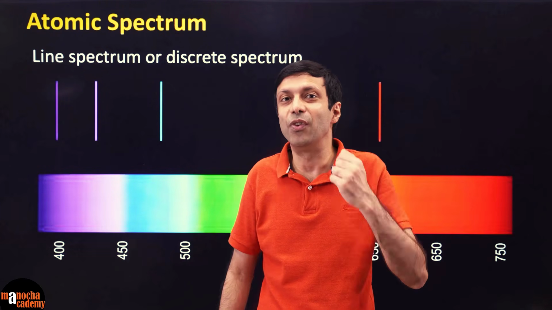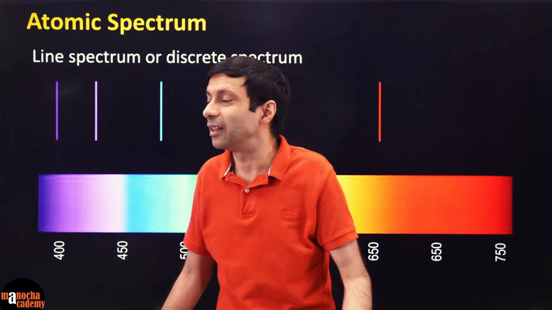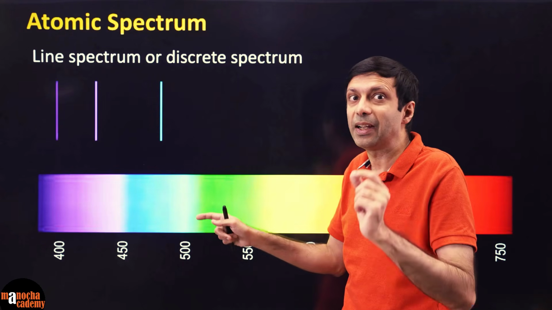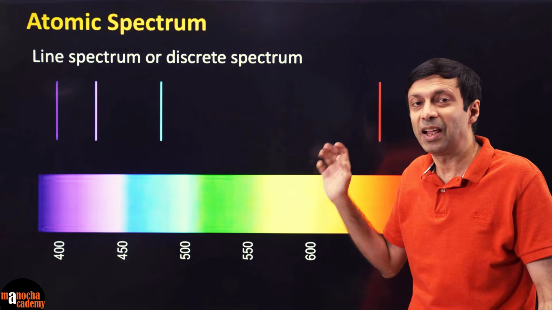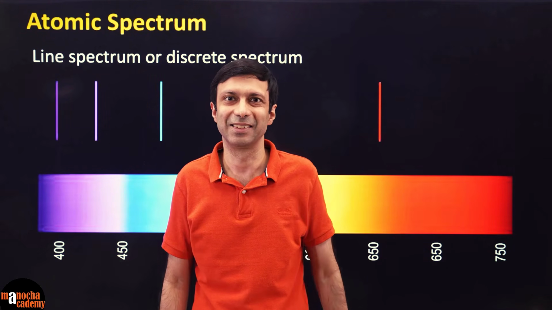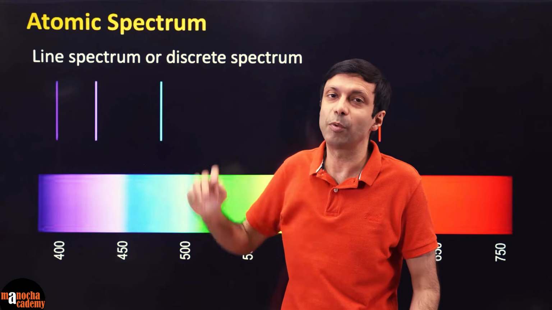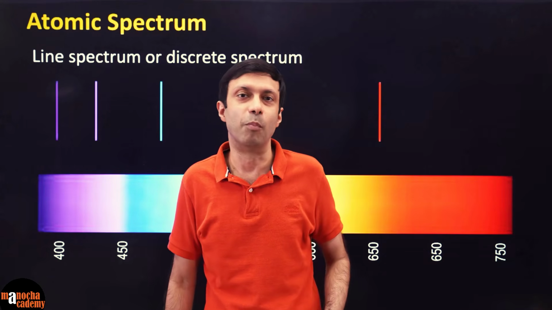So when this energy is released, you will see that electromagnetic waves of certain colors, of certain frequencies are visible. And this is what Bohr was able to successfully explain. We'll be talking more details about atomic spectrum in our next video, but let's finish off with Bohr's postulates here.